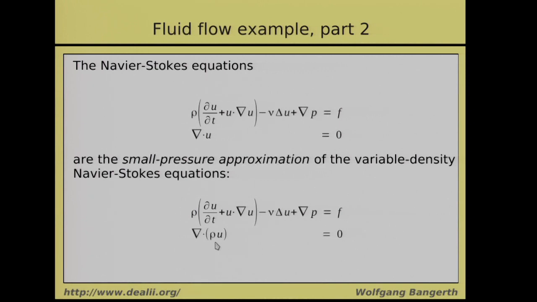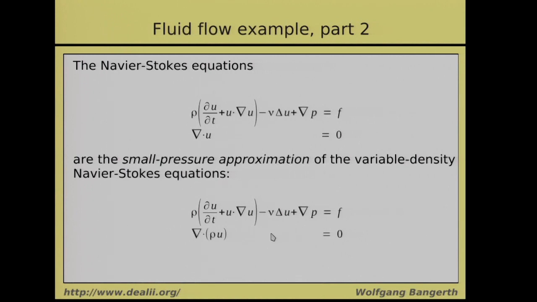So in essence, what that means is that if you compress U, so if U has a negative divergence, then rho in fact needs to go up. That's what's behind this equation here. So if something flows into the volume, then the density of the medium in that volume needs to go up.